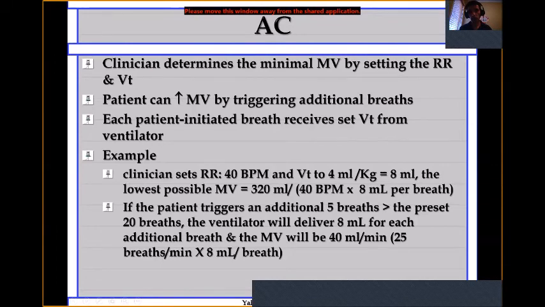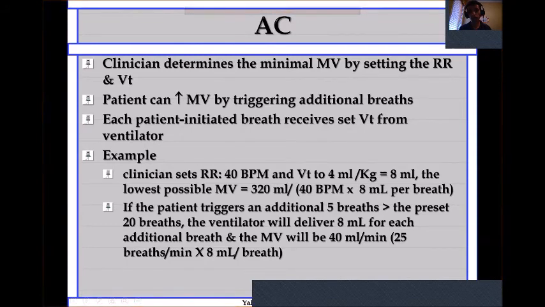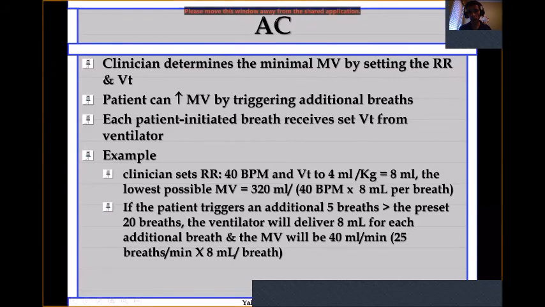Then the lowest possible is 320 mL, which is 40 times 8. If the patient has 5 extra breaths over the preset, the ventilator will deliver 8 mL for each additional breath, and the patient will get an extra 40 mL.